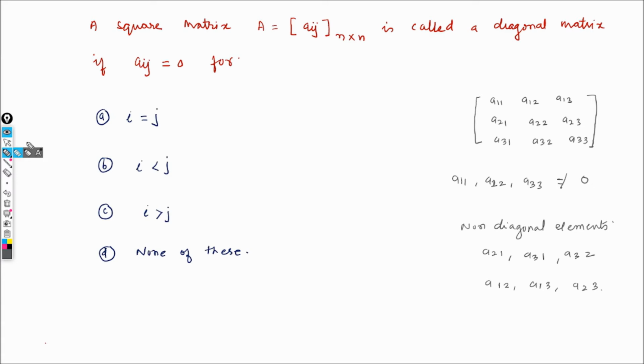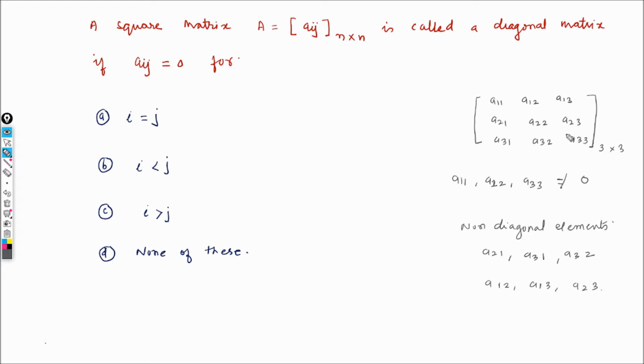So let us understand one more important question. A square matrix A is equal to [Aij] of order n by n is called a diagonal matrix if Aij is equal to 0. Now see here, suppose this is a matrix of order 3 by 3 square matrix. Here what are the diagonal elements here? A11, A22, A33. These are called diagonal elements.